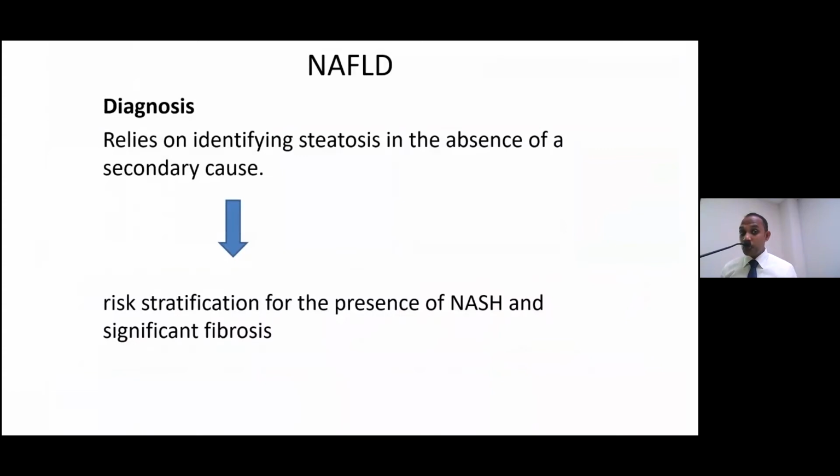Once you do that, you have to do a risk stratification, so that you find out the presence of NASH and whether there is additional significant fibrosis. So first of all, you find out whether steatosis is there. As soon as you do that, you do the risk stratification to see whether there is steatohepatitis and whether there is any associated significant fibrosis.